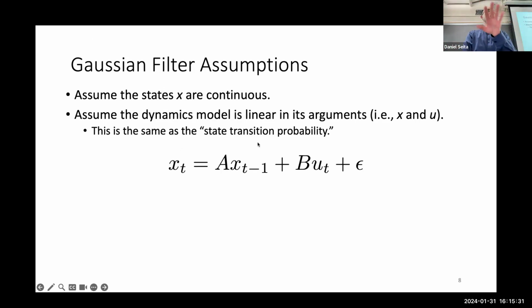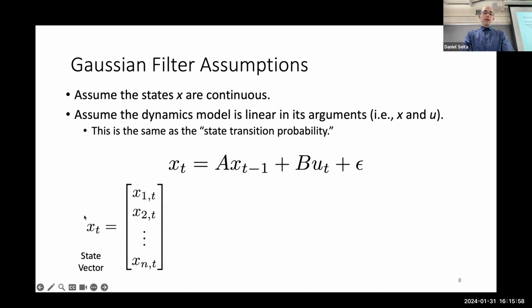So here's how we're going to write it out. xt is our state at time t, so maybe the position of where the robot is. xt minus 1 is the prior state, and ut is the action that the robot took.